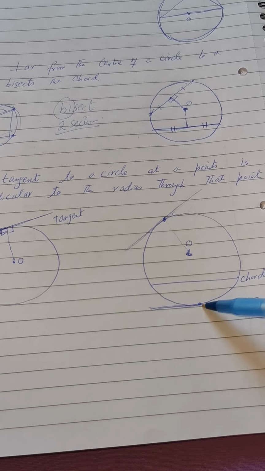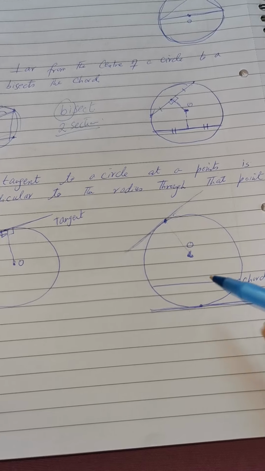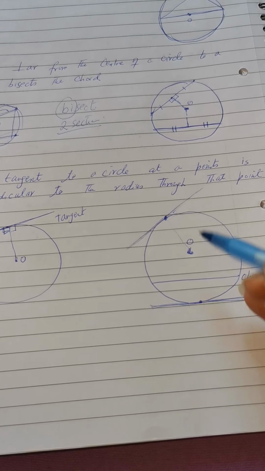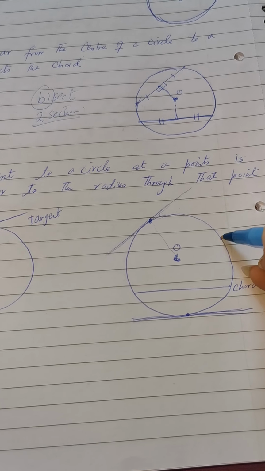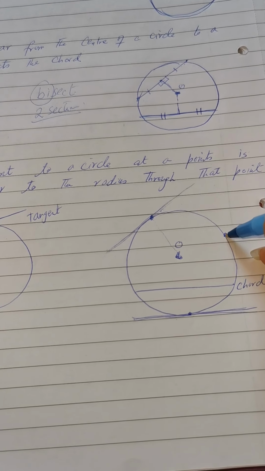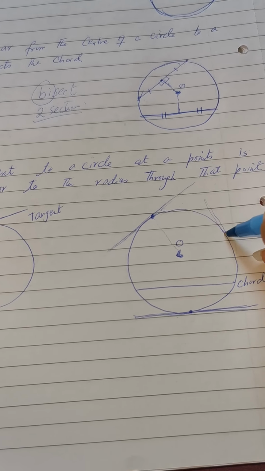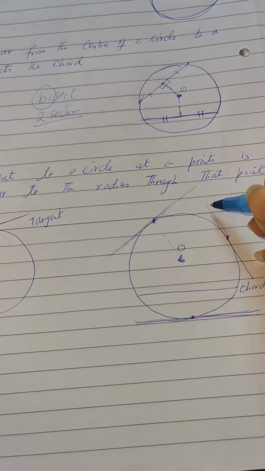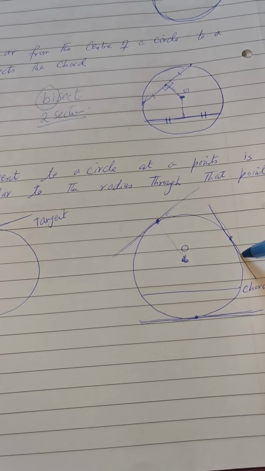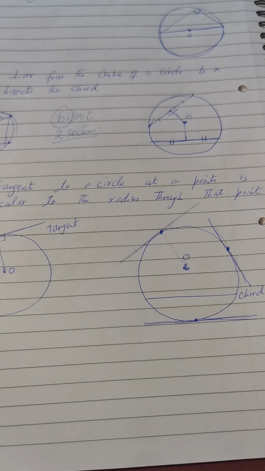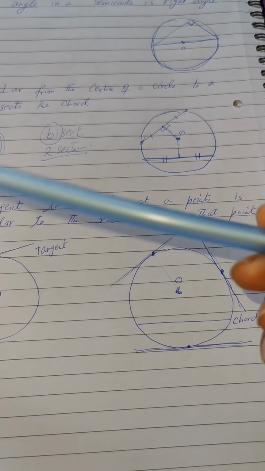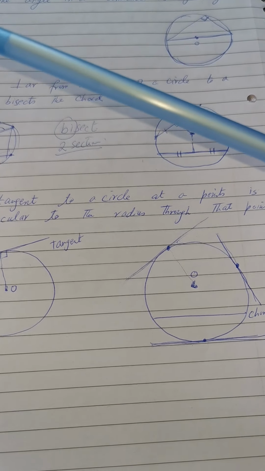So this is a tangent to a circle, but at a point. This is the point. So you have to use this definition. If this is the point, I will draw the tangent, then the tangent line will be like that. It will touch the circle only at one point. Take a football and put a pencil on that ball.